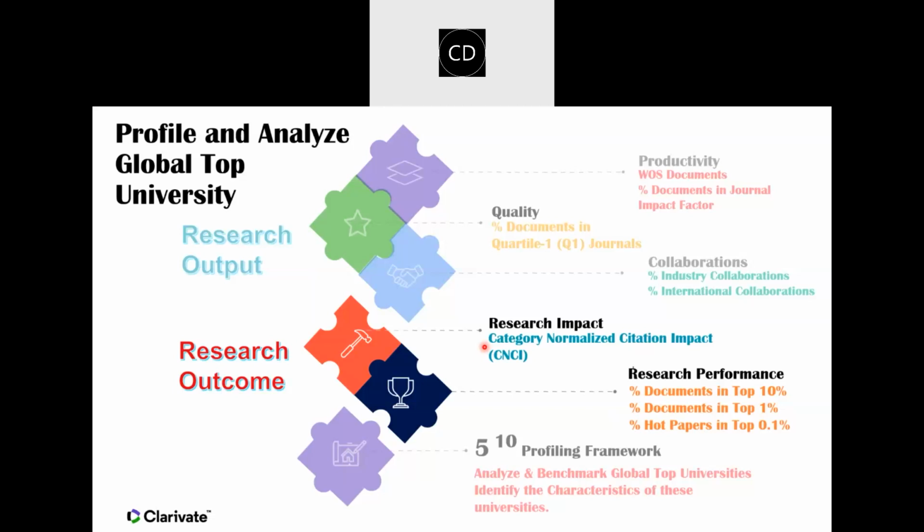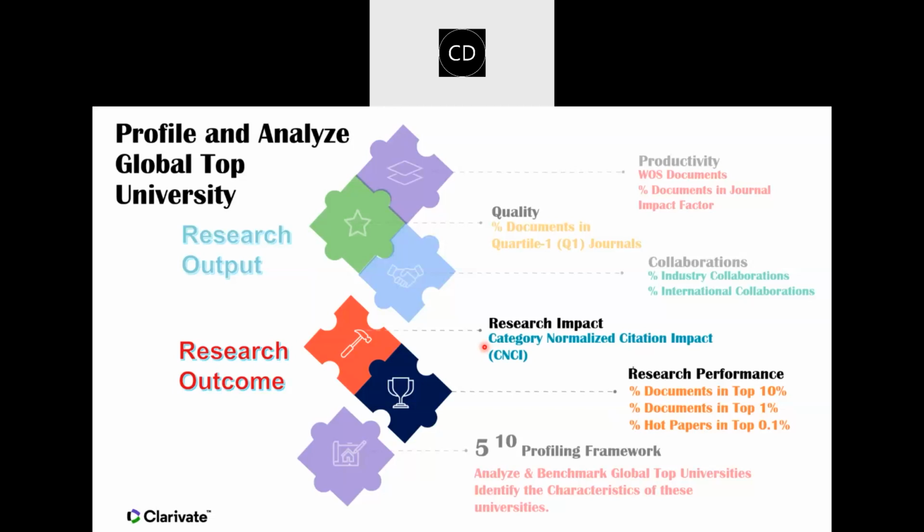Okay? So the CNCI value of 1 will always be the global benchmark. The global benchmark is 1.0 CNCI. If any entity has a CNCI that is above 1, then that entity is performing above global average in terms of research impact.